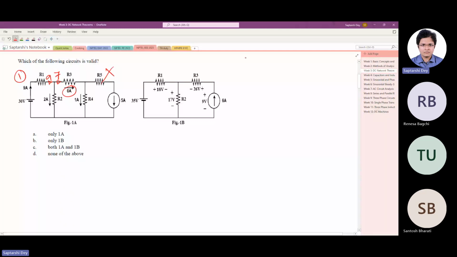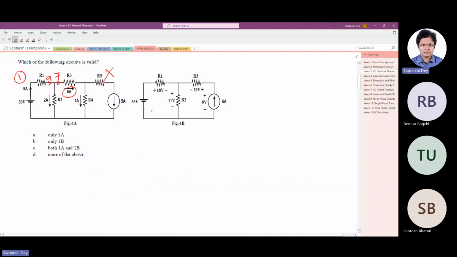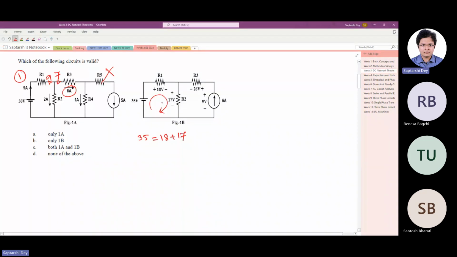Okay. And if we look at the other circuit, no current is given, except this looks like it's a voltage problem. Let us see. If we apply KVL in this loop, it matches. See, 35 equals 18 plus 17. So KVL in this loop is correct.